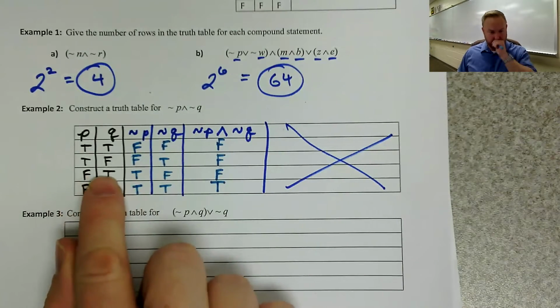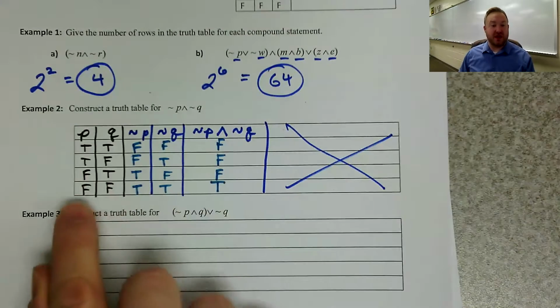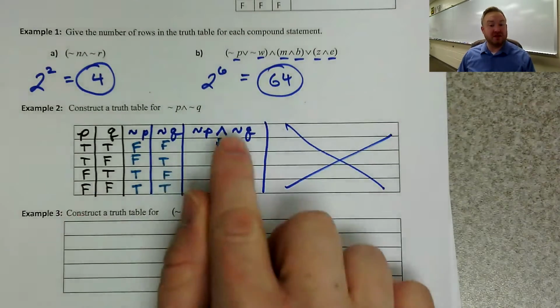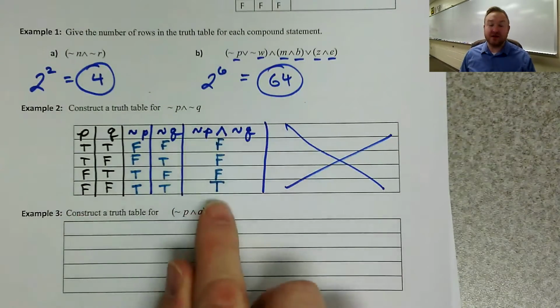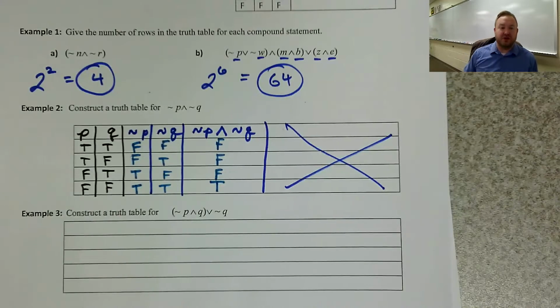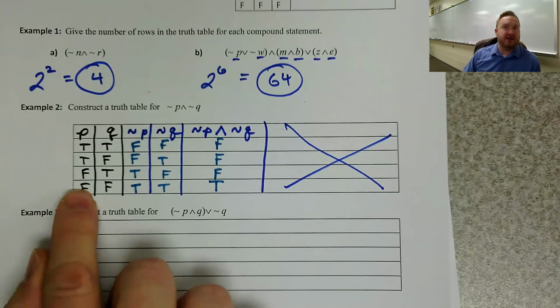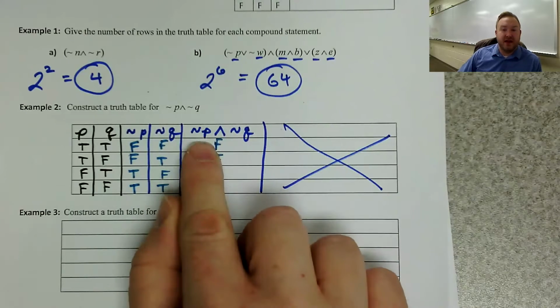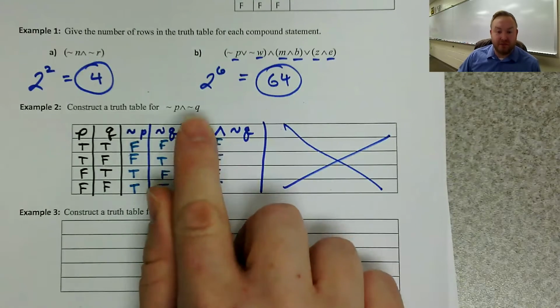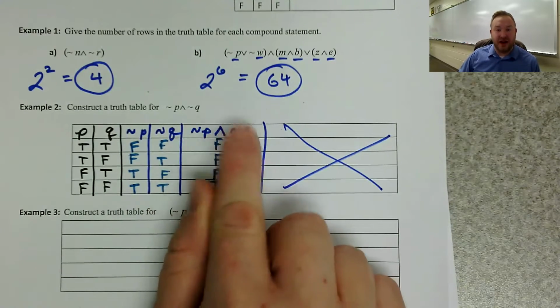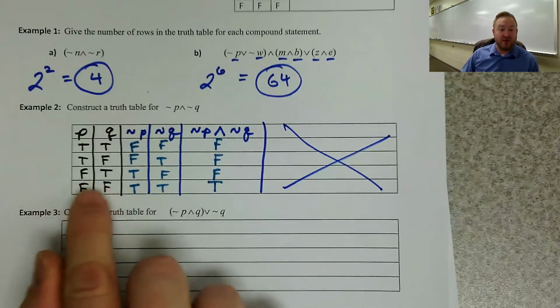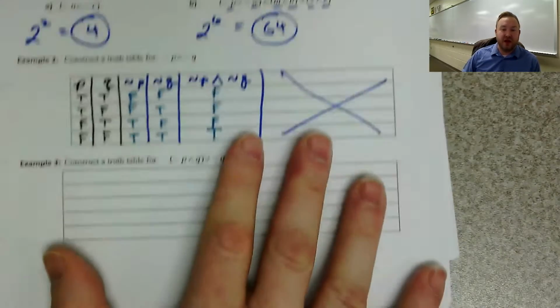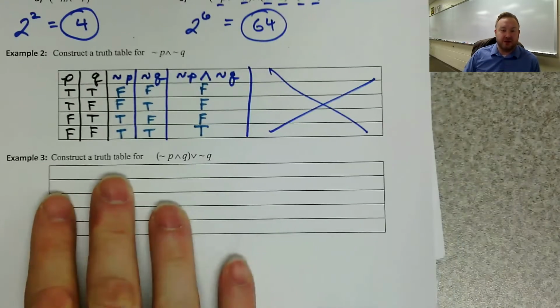If P is false and Q is true, this statement's false. And if P and Q are both false, this compound statement actually ends up being true. If the sky is not blue and the clouds are not white, think about what this means. This says the sky is not blue and the clouds are not white, right? That if these two are false, then this statement's true. All right, and that's all we're doing in a truth table.